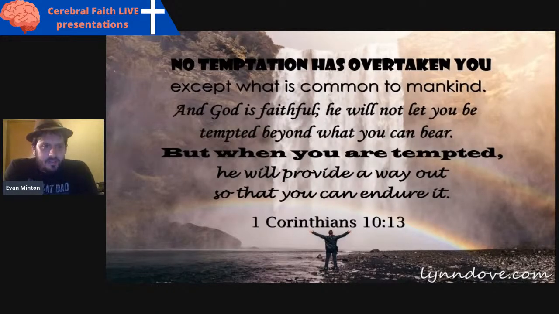So when you are tempted, you have two choices. Choice number one, you have A, give in to temptation and sin, or non-A, take the way of escape that God provides. You have sin and the way of escape. Whichever one you choose, you do not have to.